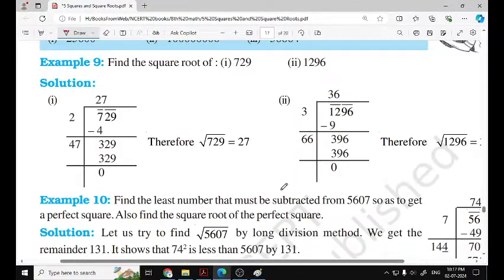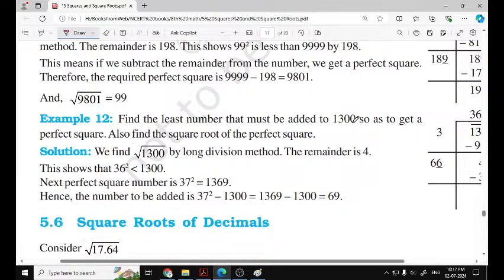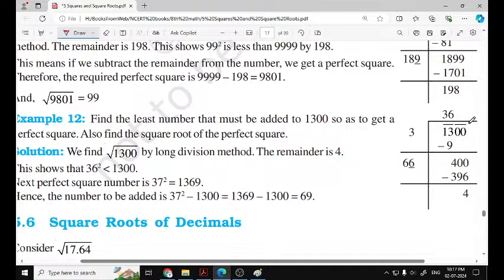Now a similar question can be: which number must be added so that we get a perfect square. Now here, 1300, start making periods from the rightmost digit, and here we write 3, as 3 square is 9, and 9 is smaller than and closer to 13.